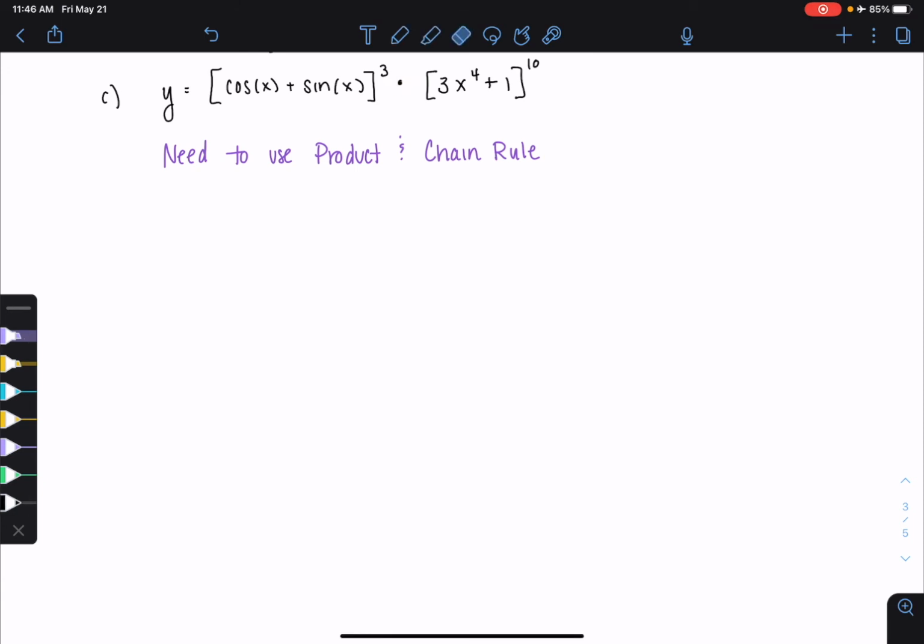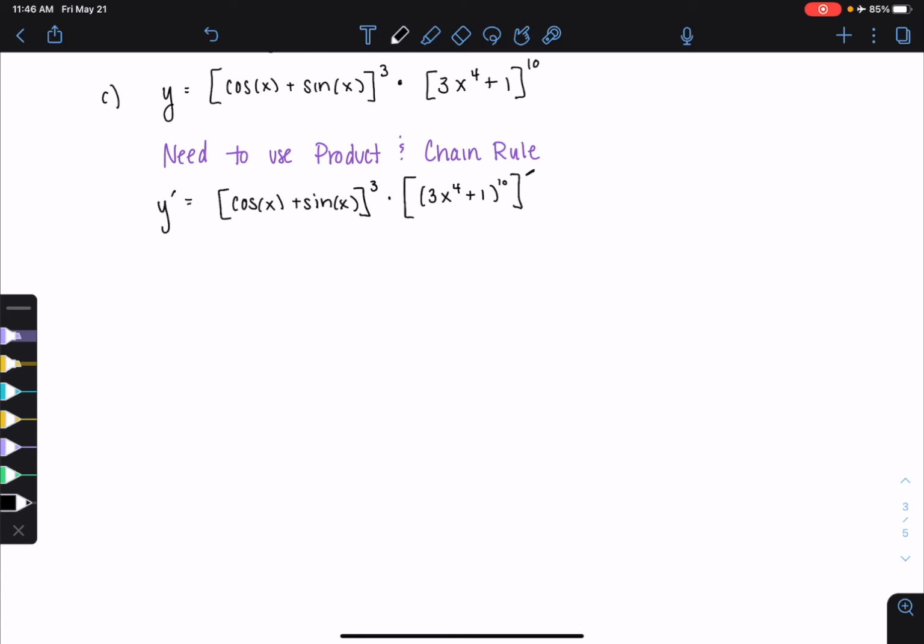So before I take derivatives, I want to write out what it would look like using product rule. So our derivative will be the first function, cosine of x plus sine of x to the 3rd. And then we want to multiply by the derivative of 3x to the 4th plus 1 to the 10th.